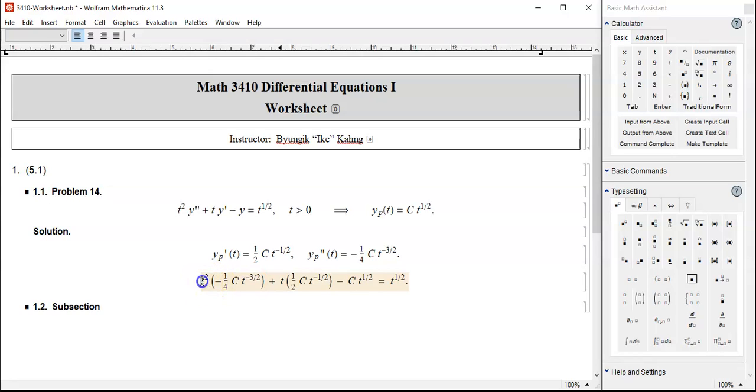Okay, can we do some further simplification? I guess we can, because with the second power and the negative 3/2 power, you'll simply add up the powers.